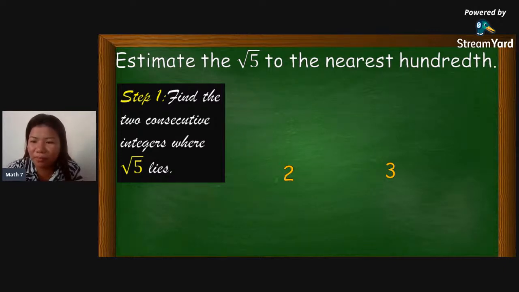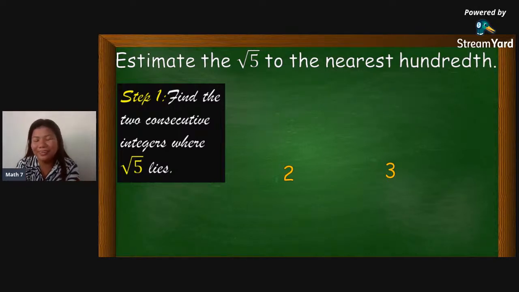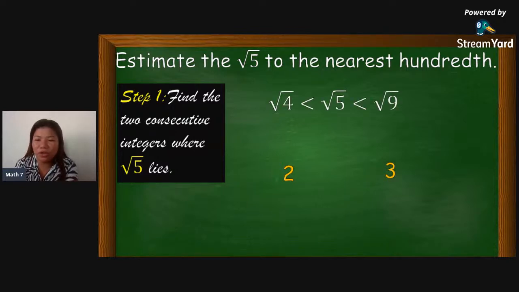Malabo. Ba't malabo? Okay, anyway. So, let's proceed. So, we have here, square root of 5. Saan nakikita ang square root of 5? Given na dito. Square root of 4, mas mataas siya sa square root of 4, pero mas mababa siya sa square root of 9.